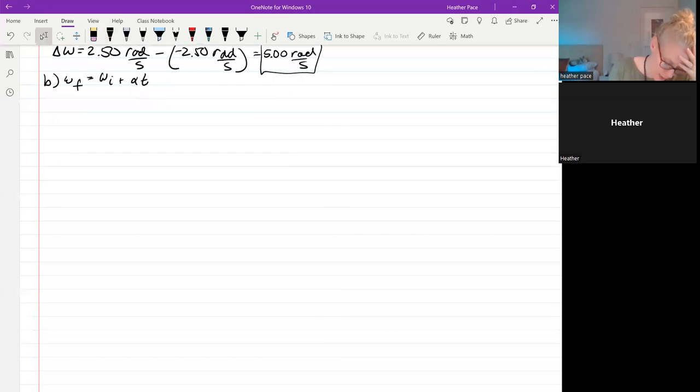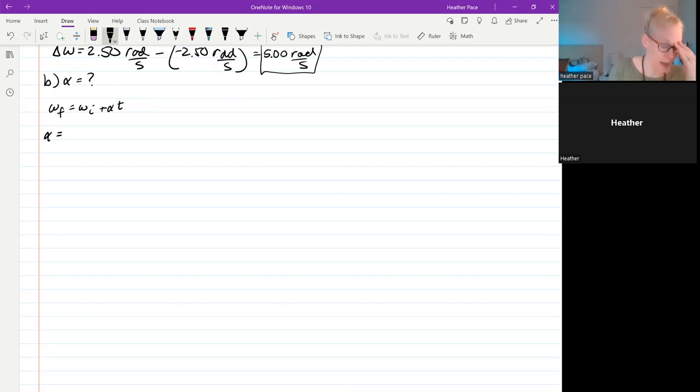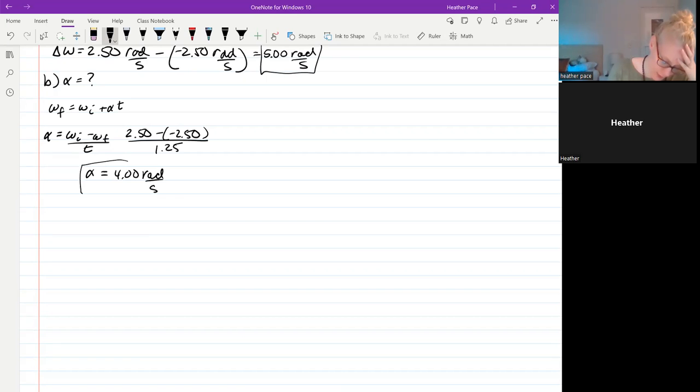I'm going to rearrange to solve for alpha. Always write down what you need so you know what you're solving for. We get this. And we end up with, plug everything into our calculator, we get 4.00 radians per second squared.